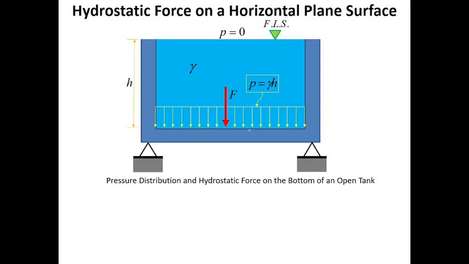They have the same height, so the pressure is constant at any point at the bottom of the tank. Pressure is constant. Okay? And this is the hydrostatic force on the bottom of an open tank. So our tank is open.